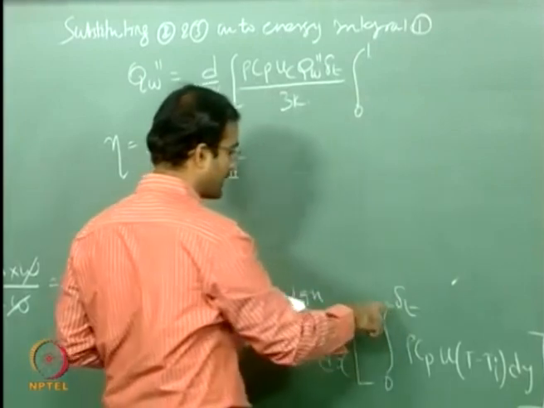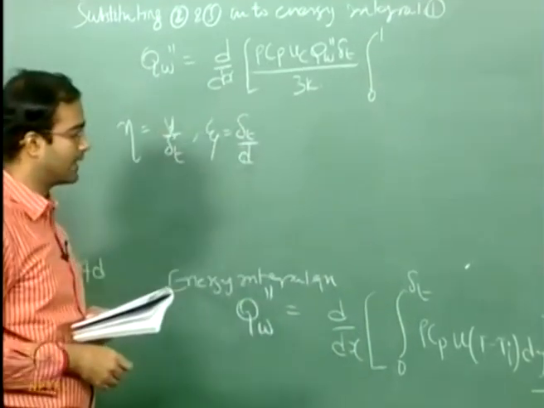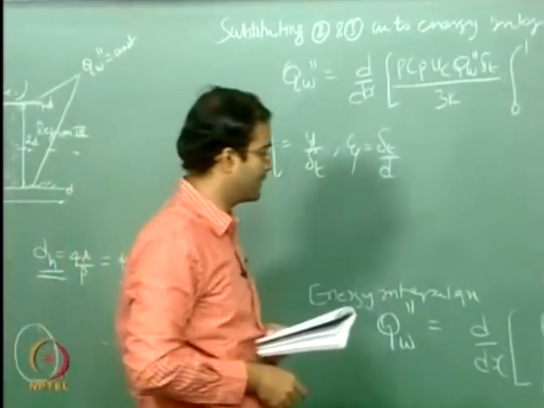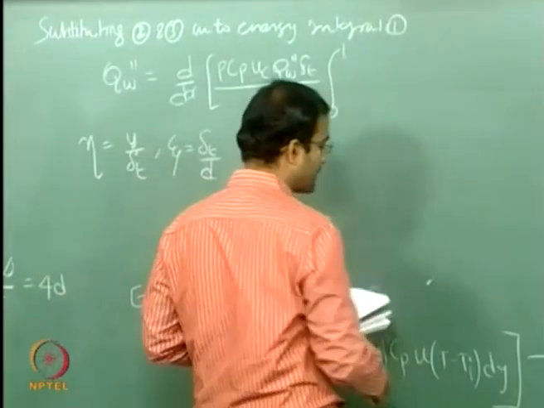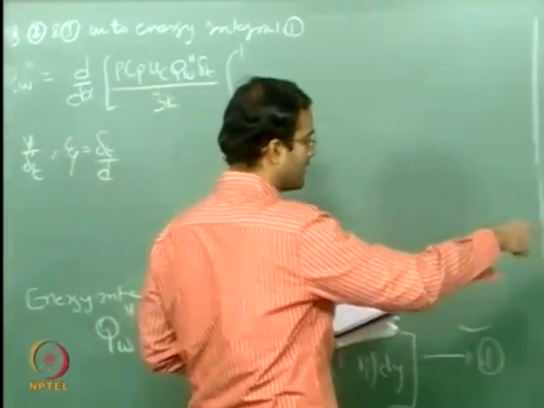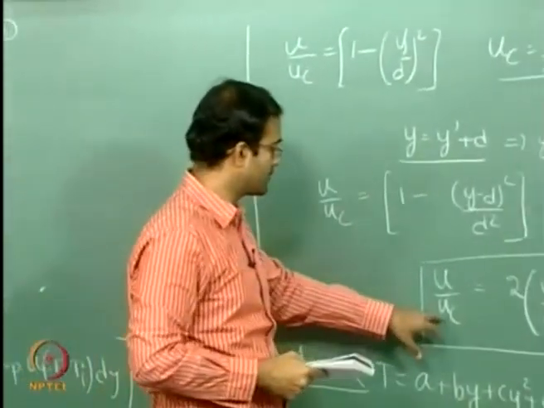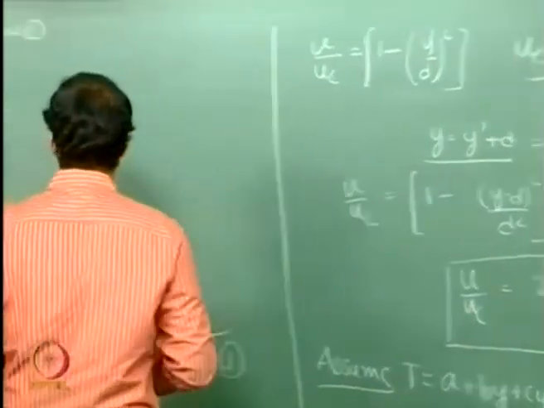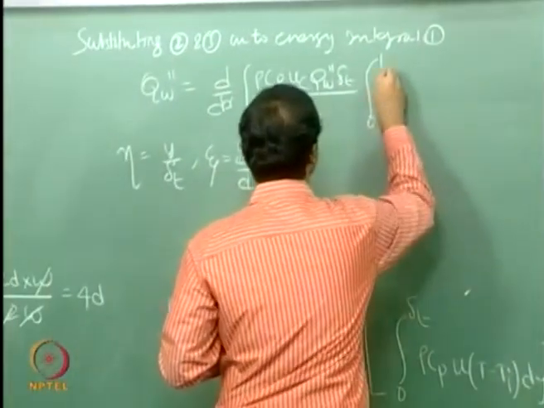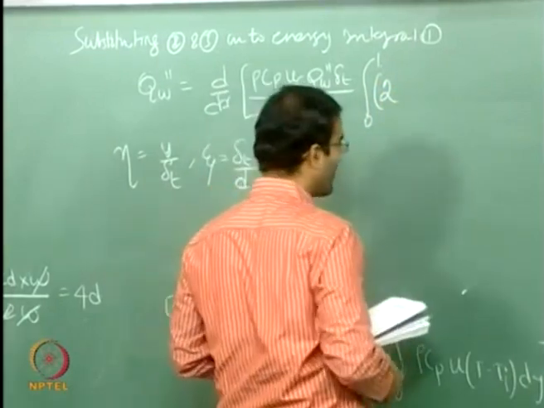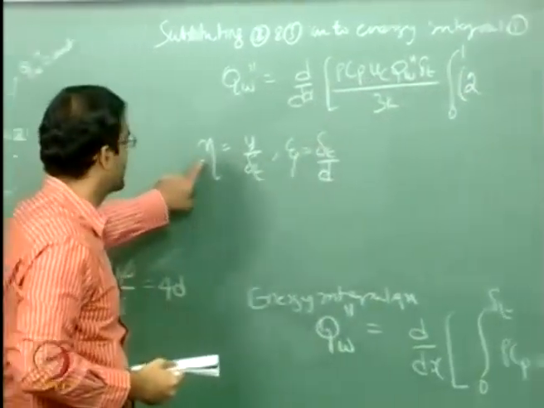At y equal to delta t, your eta becomes 1, and you have u into t minus ti, and u I have already written as uc into this, so this will be 2 times y by d, which can be written as eta into zeta.